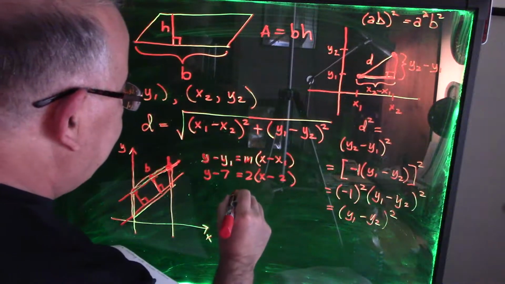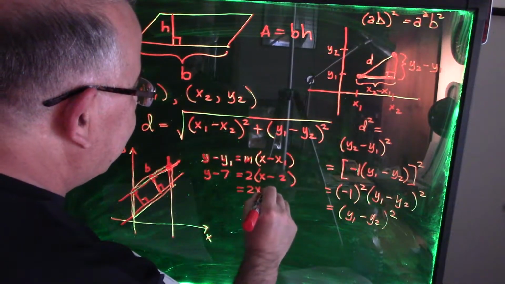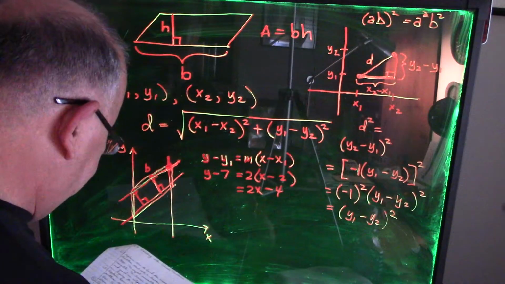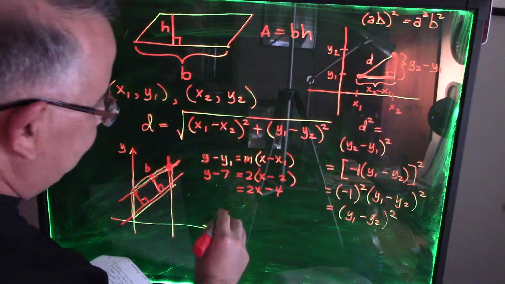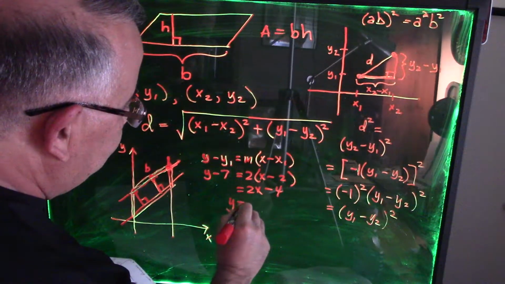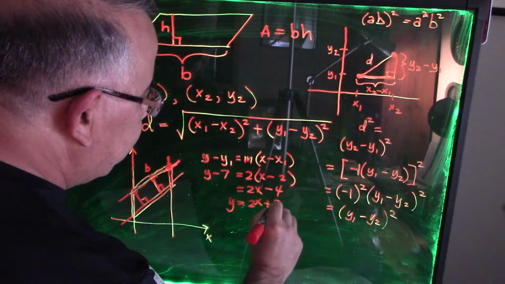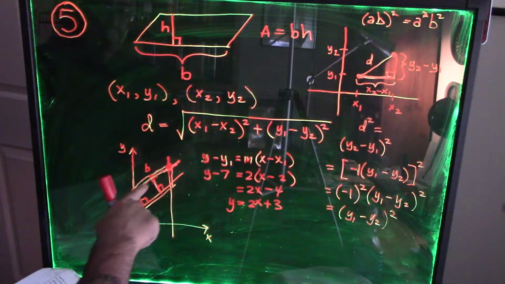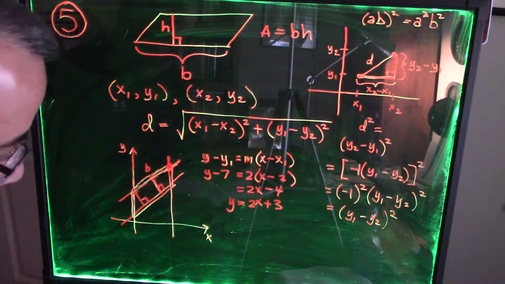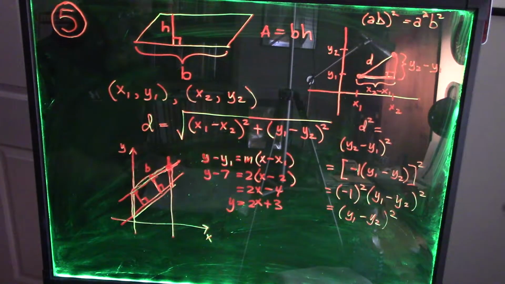So that's 2x minus 4. Then add 7 to both sides, and you've got y equals 2x plus 3. So now we know the equation of the parallel line: y equals 2x plus 3.